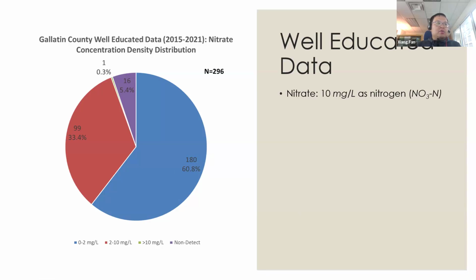And 99 wells, or 33% of the wells, sit from 2 to 10 milligrams per liter, and only 1 well exceeded EPA's 10 milligrams per liter limit. And there's also 16 wells, or 5.4%, where nitrogen is not detected.